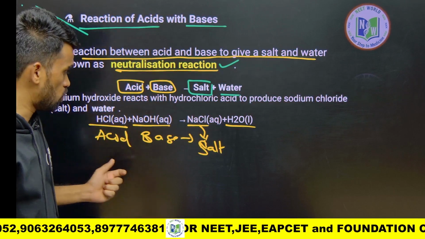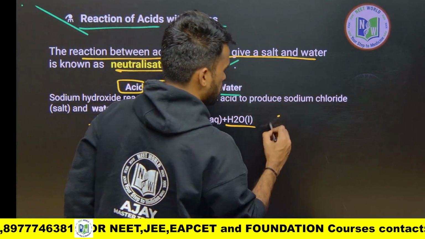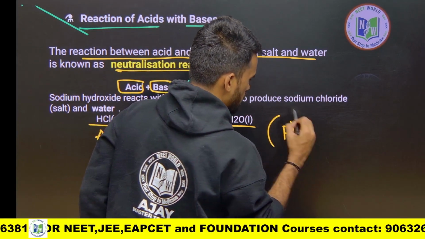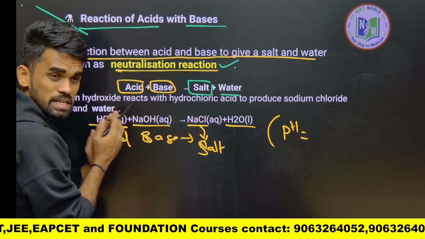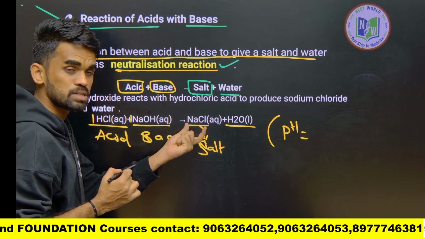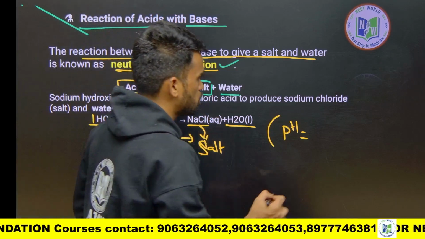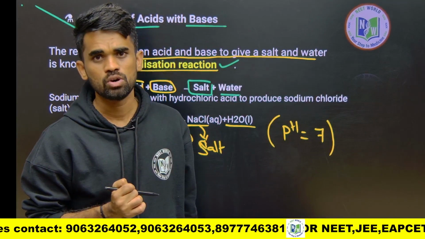Now what is the pH of this resultant solution? Just now I told you about the pH scale. Equal numbers of moles of acid and base are taken, a 1:1 ratio, so it is completely converted into the respective salt plus water. So the pH will be around 7, which is a neutral solution. Hope it is clear.